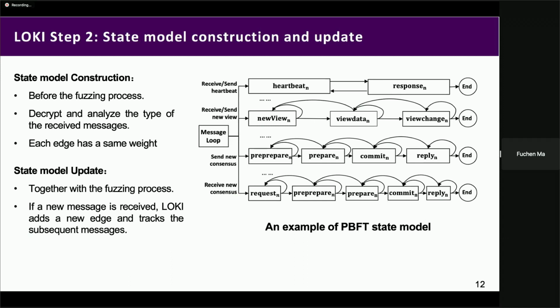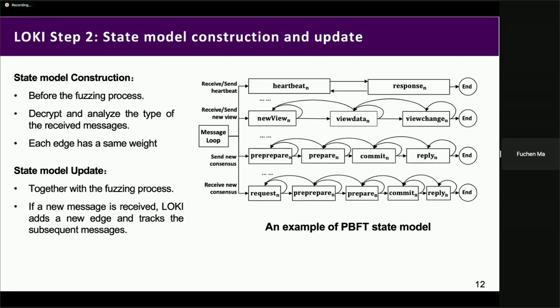In this model, each edge has the same weight. If one node in the model has n transfer edges, the weight of each edge is just 1/n. After a while, LOKI will then update the state model together with the fuzzing process. If a new message is received, LOKI adds a new edge and checks the subsequent messages.